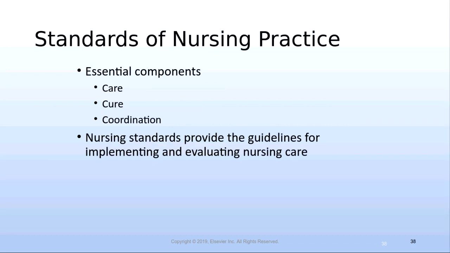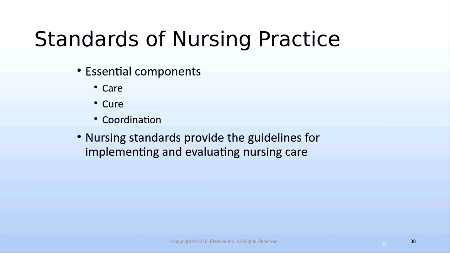Three essential components of professional nursing are care, cure, and coordination. The care aspect is more than just to take care of, it's also caring about. Caring is relational and requires you as a nurse to understand your patient's needs so that you can individualize their care. When you promote health and healing, you're practicing the cure part of professional nursing.